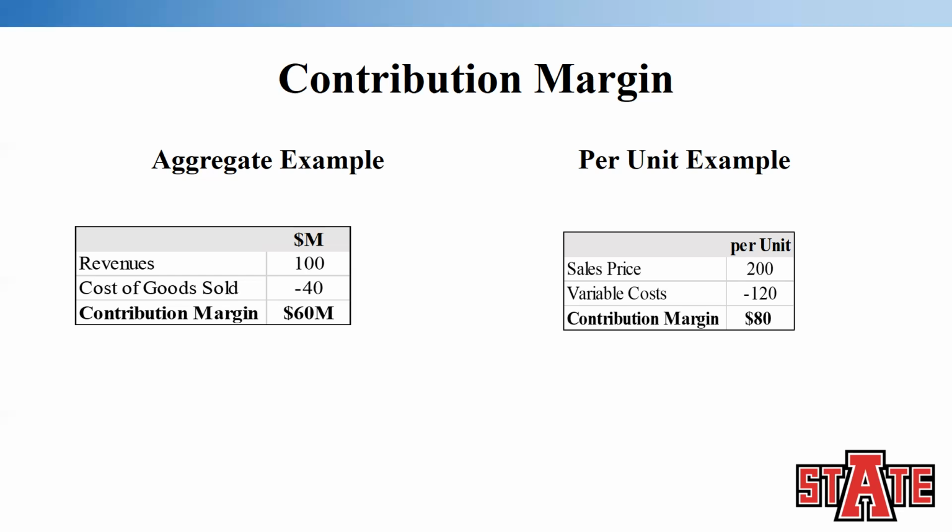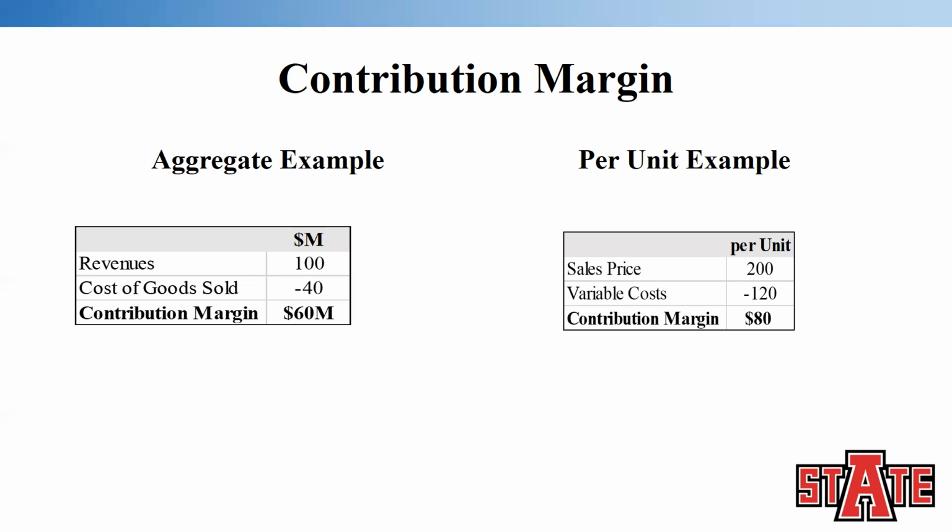Each one though costs us variable cost of $120, meaning direct material and direct labor together sum up to 120. And so that gets us to a contribution margin of $80, meaning that for each unit we sell, we earn $80 in contribution margin. So basically $120 of each $200 sold is out the door immediately.